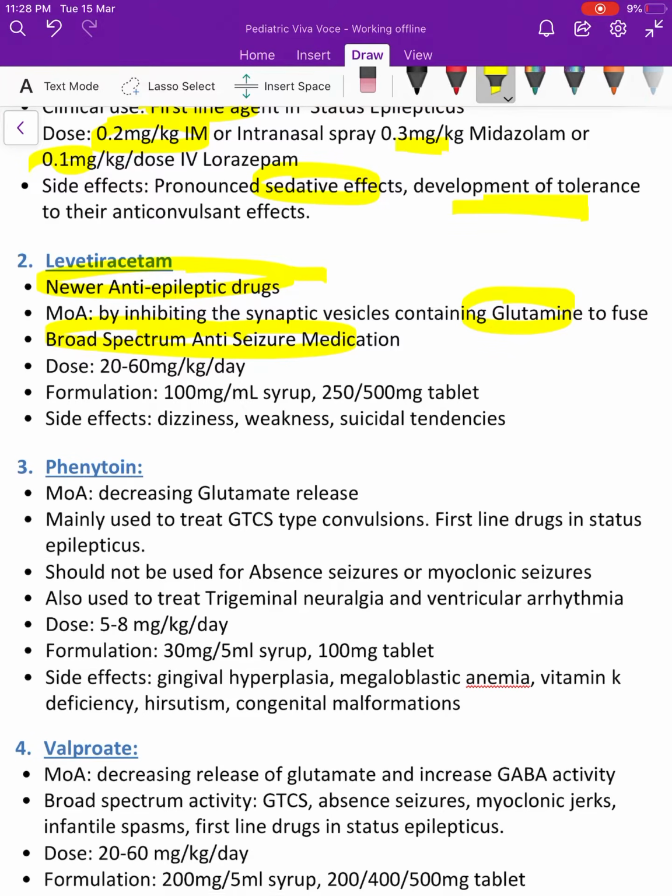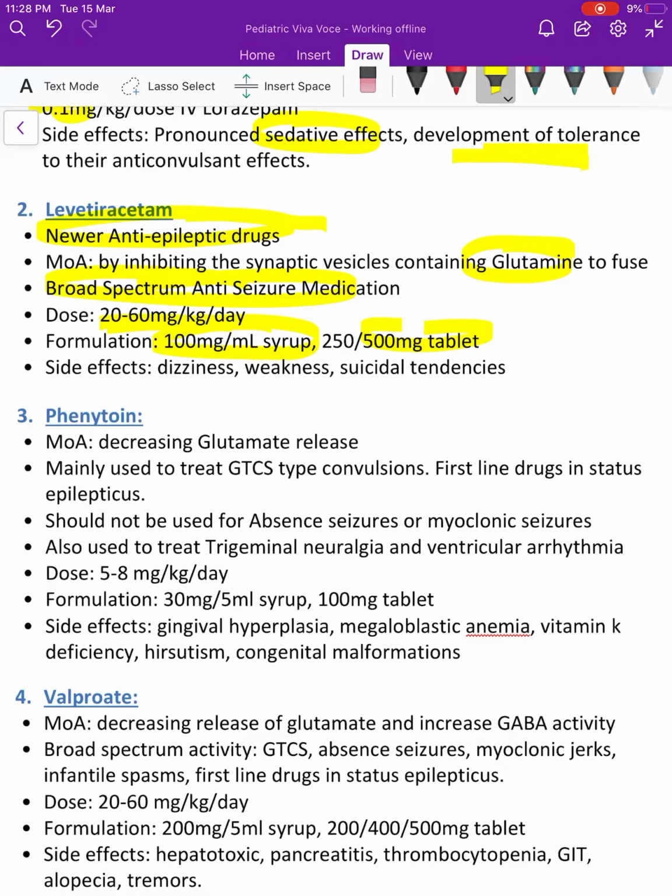The dose is 50 mg per kg per day. The formulation available is 100 mg per ml syrup. Levipil is available as 100 mg per ml syrup, or 250 and 500 mg tablets. It is usually a safe drug, so a few of the side effects include dizziness, weakness, and suicidal tendencies.